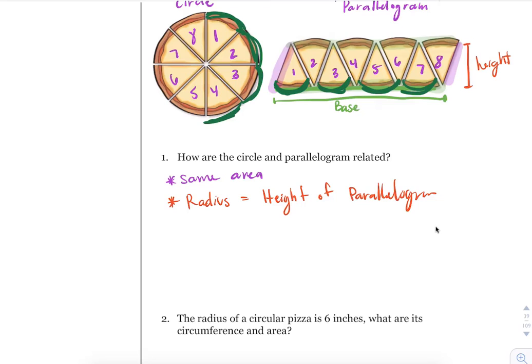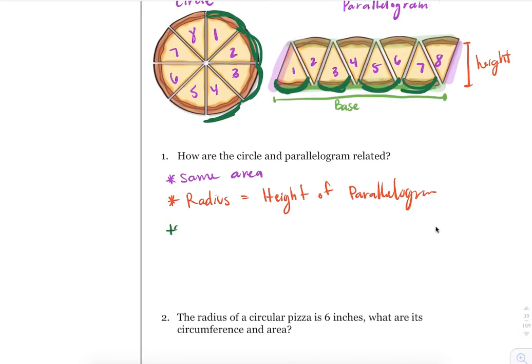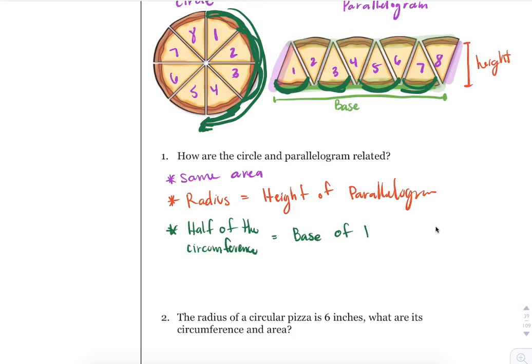Now, what can I say about the base of the parallelogram compared to the circle? Is this the distance around here? It's called my circumference, but it's not the whole circumference. It's only 4 of the 8 parts, which means half of the circumference is equal to the base of the parallelogram.